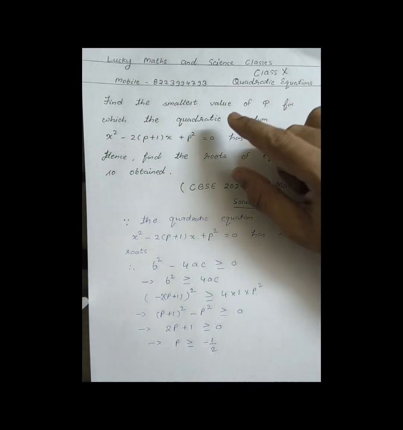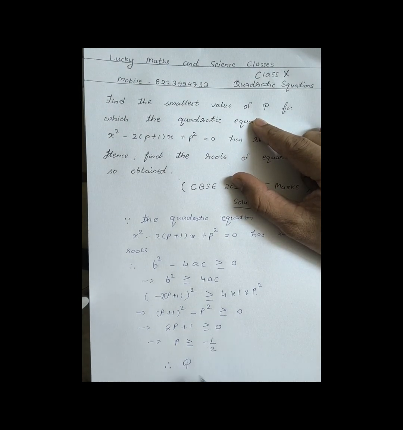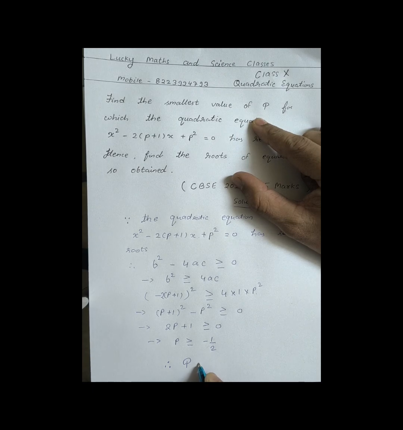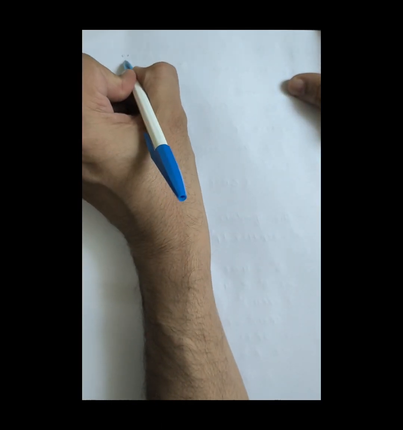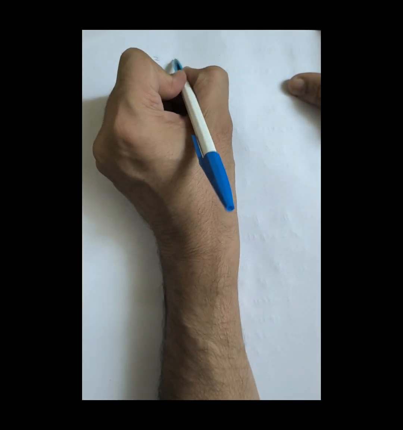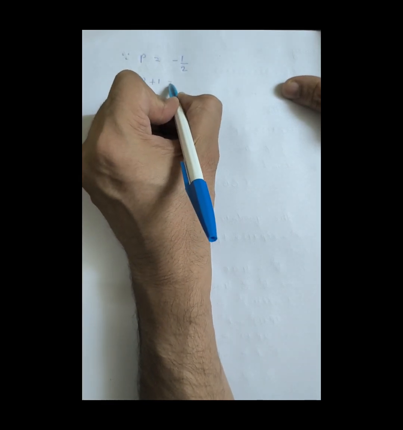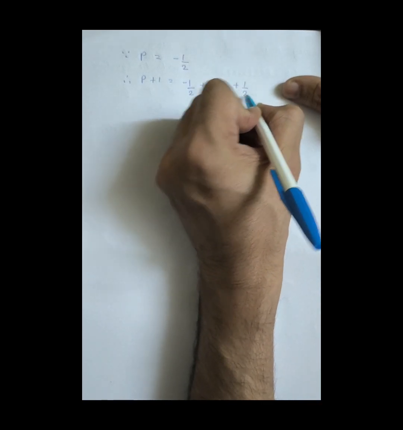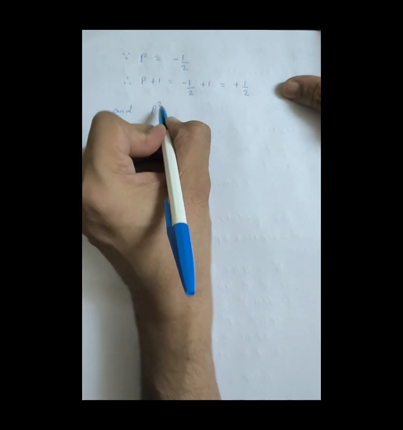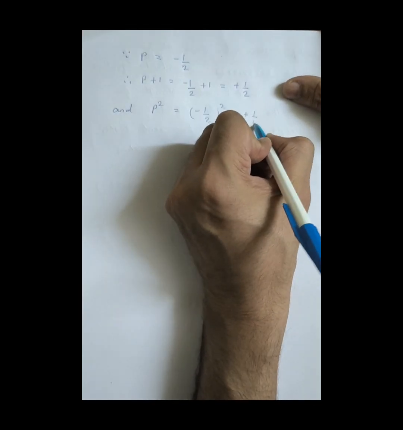They are asking the smallest value of p. Then the smallest value of p should be equal to minus half. Since value of p is equal to minus half, can we say p plus 1 is equal to minus half plus 1, which is plus half, and p square is equal to minus half square, which is plus 1 by 4.